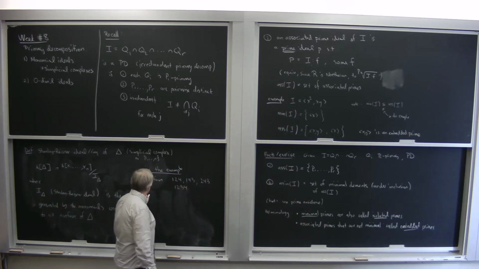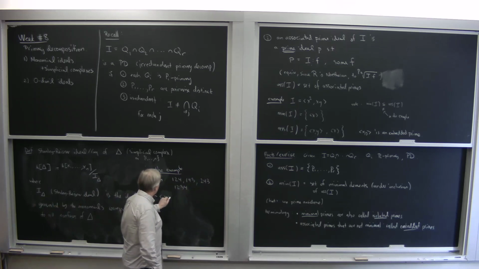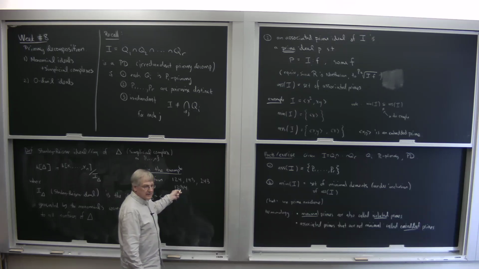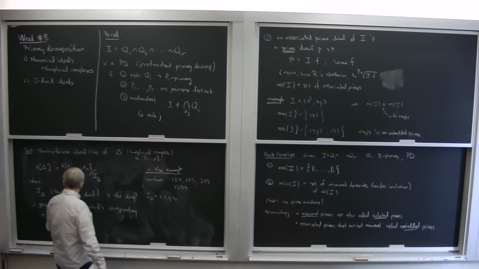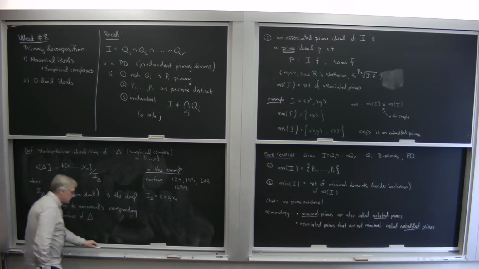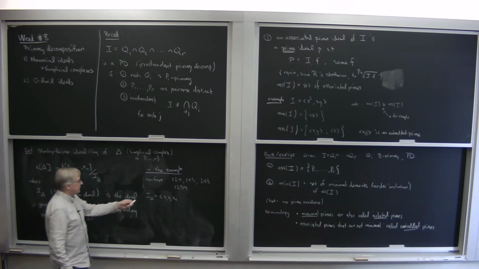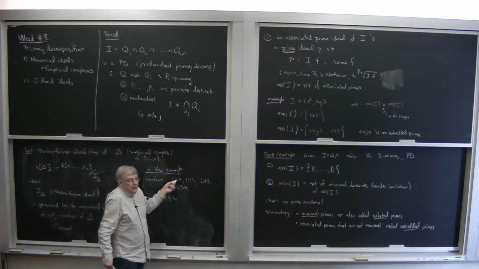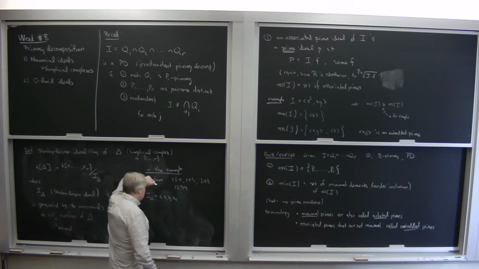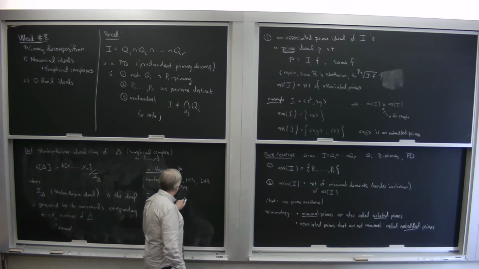But the thing is that the I delta is going to be given by all of these monomials. Like for instance, this one is going to become x1, x2, and x4. But if I multiply this by x3, I get this. So really, I only need, if I really want to, I can do here minimal non-faces. This is a non-face, but it's not minimal in all of them. But anyway, so I have this one, I have x1.